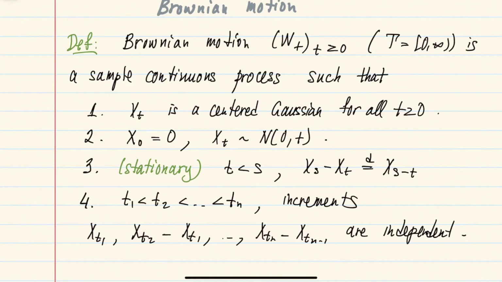So this property, of course, is called independent increments. Let me just write it down here that we call this independent increments.